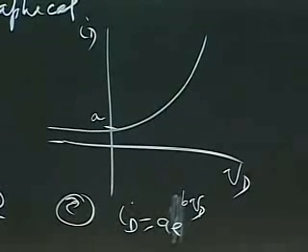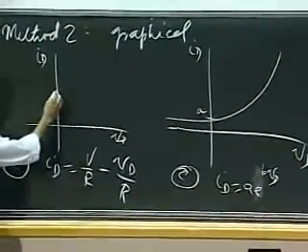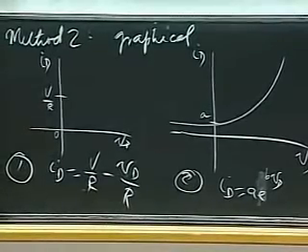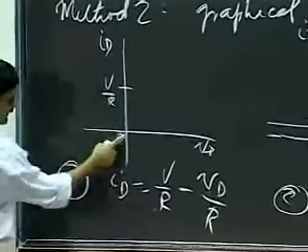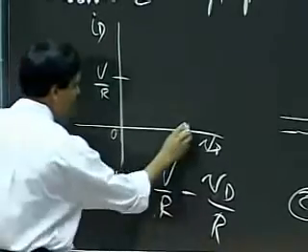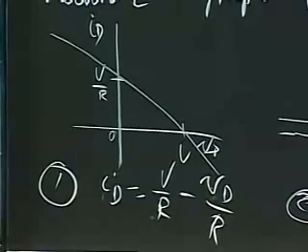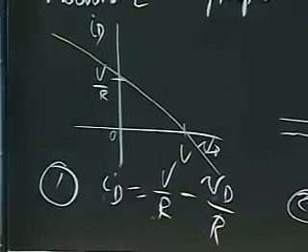And I can do the same for this one here. This equation establishes a straight line relationship. It says that when VD is 0, ID is V divided by R. So that's here. And similarly, when ID is 0, then VD is equal to V. So I get something here. That's my straight line relationship corresponding to this equation here.